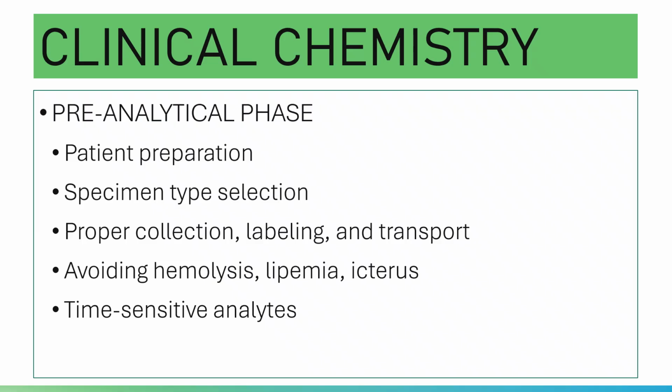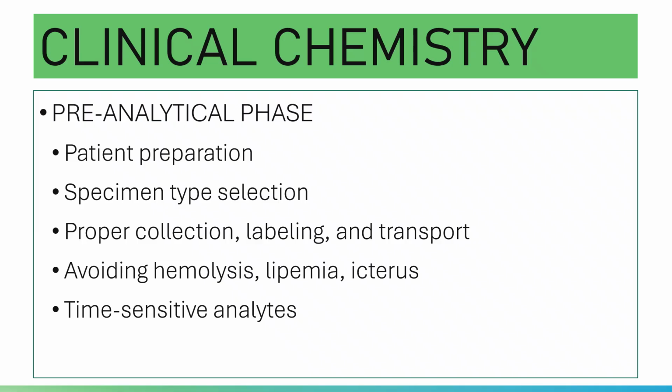So what are the parameters included in the pre-analytical phase? You have patient preparation, the fasting of the patient, that is part of the pre-analytic phase. The fasting, the sample collection, the medications, what else?